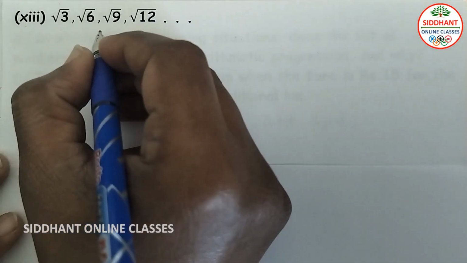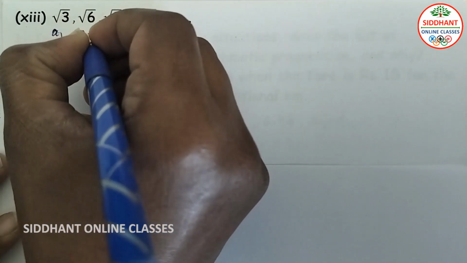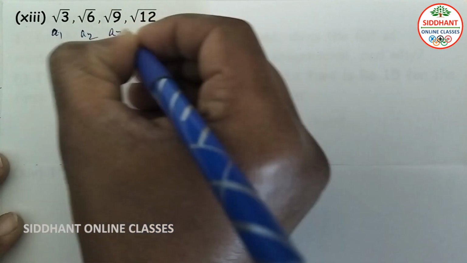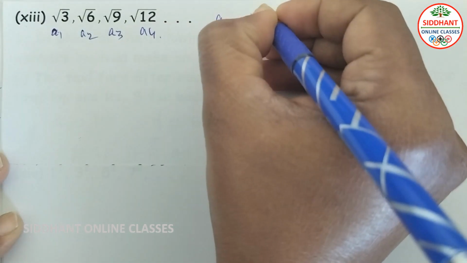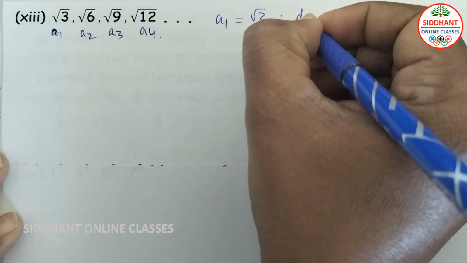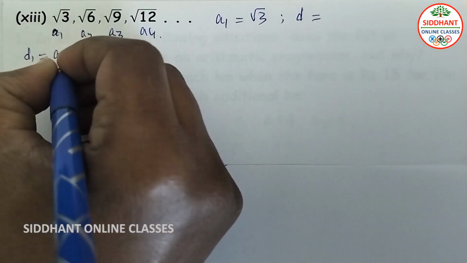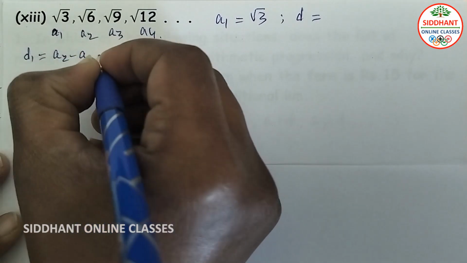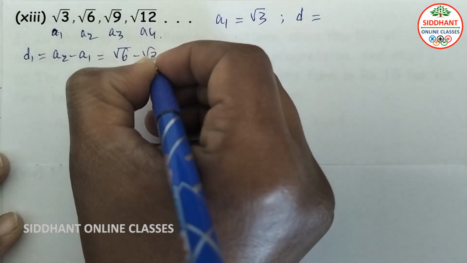Question 13: root 3, root 6, root 9, root 12. So that will be A1, A2, A3, A4. So first term A1 is root 3, and we are going to find out the difference here. So D1 is equal to A2 minus A1, which is root 6 minus root 3 here.